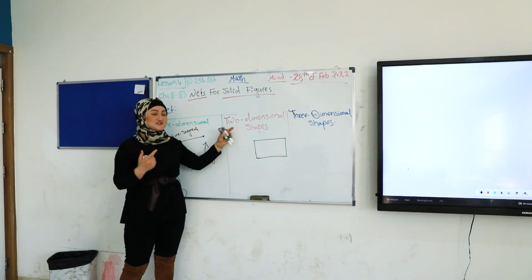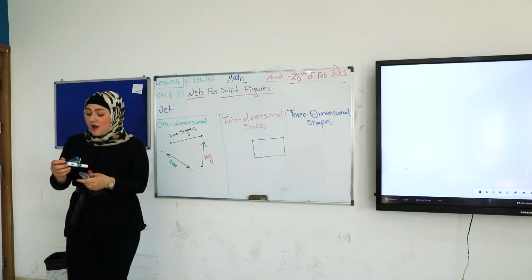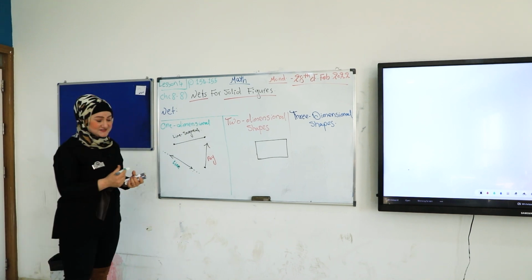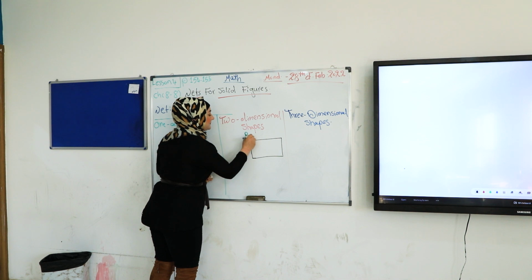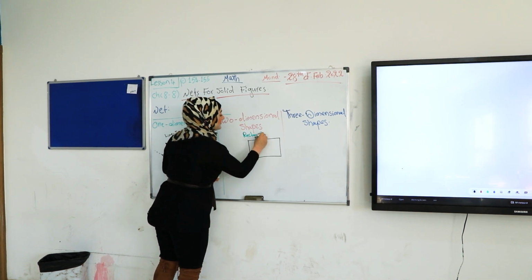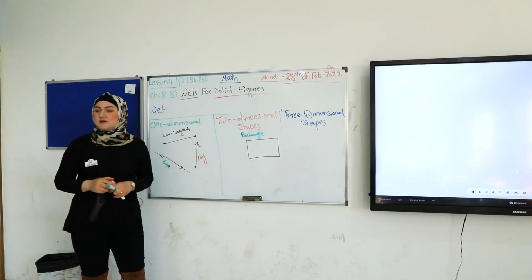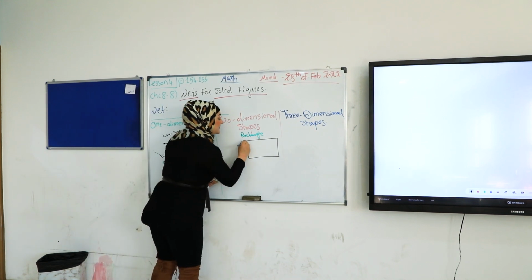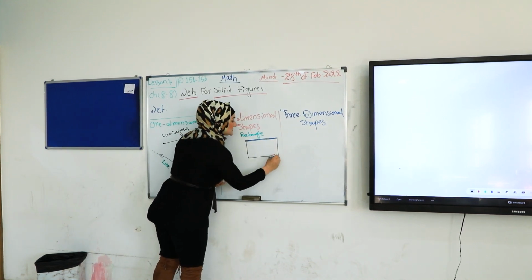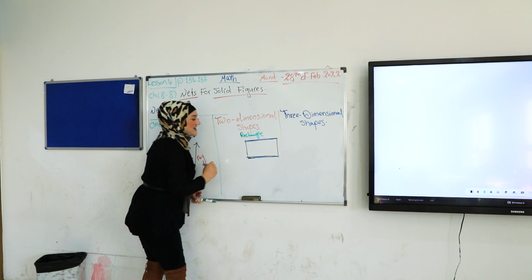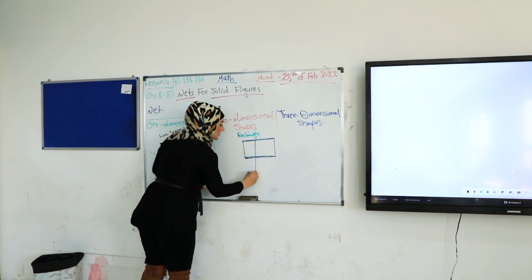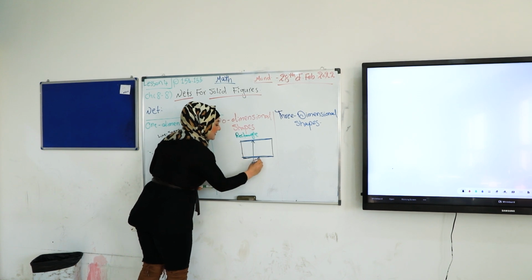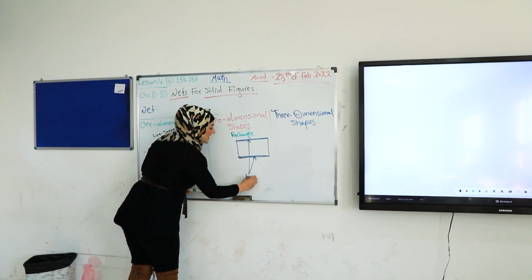How many dimensions? Two. You might say, Ms. Dewan, show us the dimensions. In this rectangle, we have the very long sides. What do we call the long sides? We have length. So both of them could be called length.